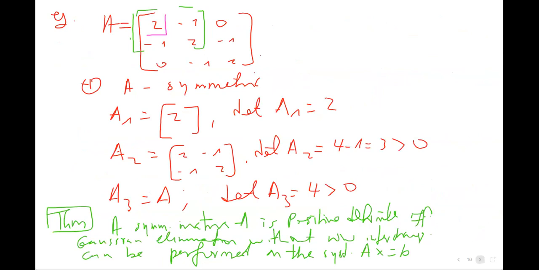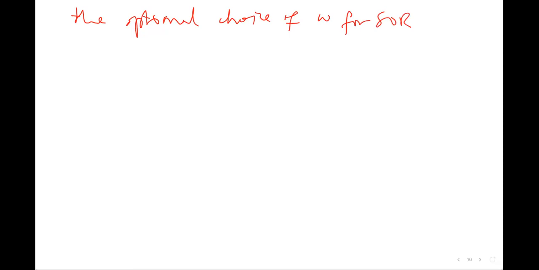And the optimal choice of omega for SOR is omega equal to 2 over 1 plus the square root of 1 minus the spectral radius of Cj squared.